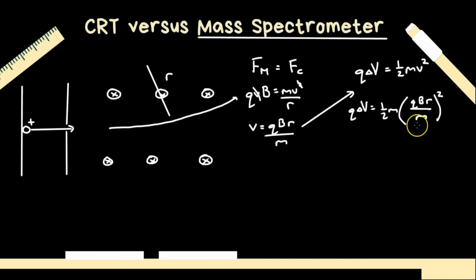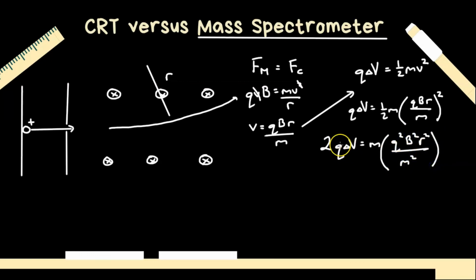Let's apply that square to everything in our bracket. So we have Q delta V is equal to, we can bring this half over here, so 2 times Q delta V is m times Q squared, B squared, R squared, all over m squared.